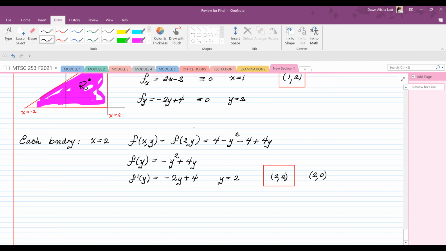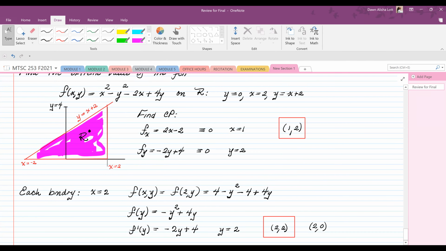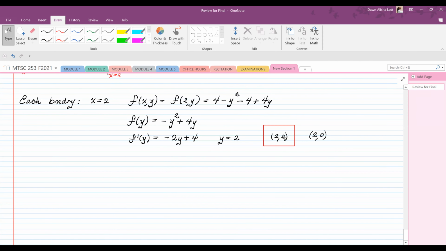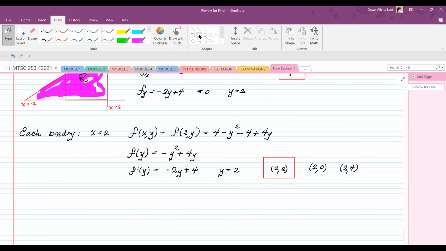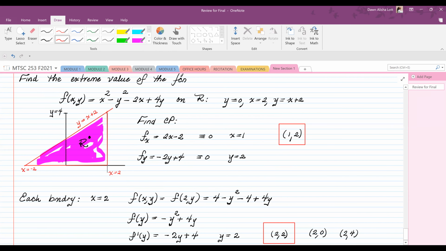And you also have to check the other endpoint, which is x is 2 and y is 4. So those are the endpoints we have to check. Wait, where did you get 4 from? It came from this point. You have to check the endpoints of the line.